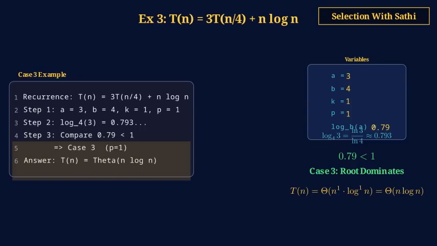So this is case 3. In case 3, the non-recursive work dominates. The answer is theta of n to the k times log to the p of n, which is theta of n times log n. Notice how the p value of 1 carries through into the final answer. This is why the extended form matters. Without tracking p, you would incorrectly get just theta of n.